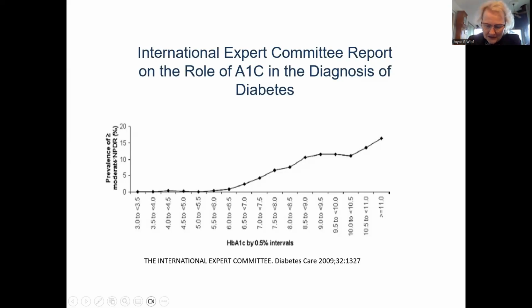What they ultimately used was actually the prevalence of background or non-proliferative diabetic retinopathy. The point at which that became more prevalent was the cutoff for A1C being diabetes.